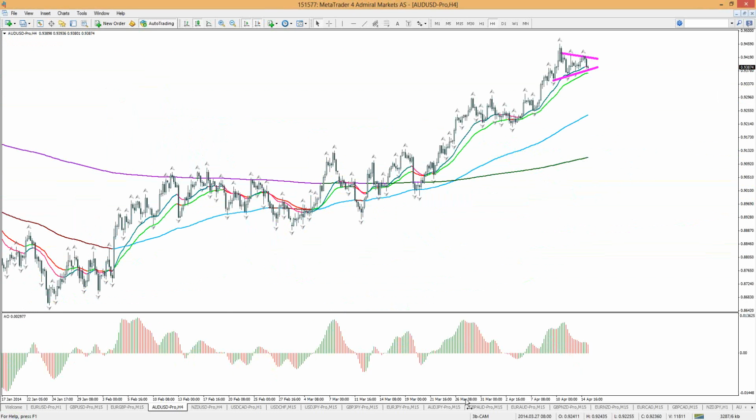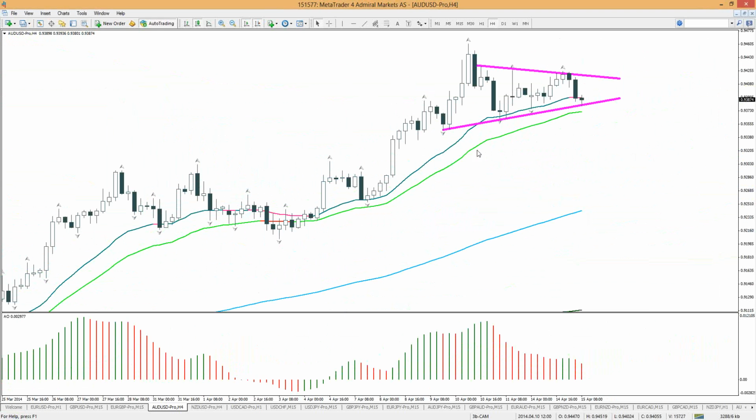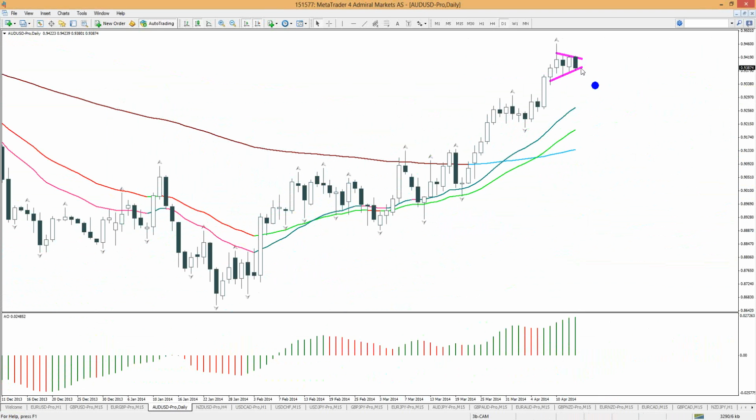From the 4-hour perspective, you can see the Kiwi struggling, right? This is the third day that we haven't broken this top, so it's nothing crucial. There could still be 2 or even 3 days before we get the break of the top and continuation.